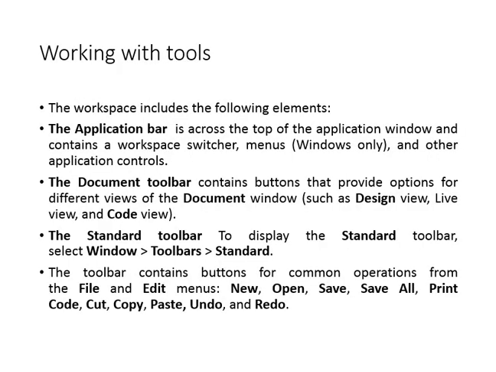Now let's see how we are going to work with the tool. Here the workspace has the application bar and document toolbar. The application bar is across the top of the application window. It contains the workspace switcher, menus and other application controls. Document controls are the ways the document can be viewed: design view, live view and code view.